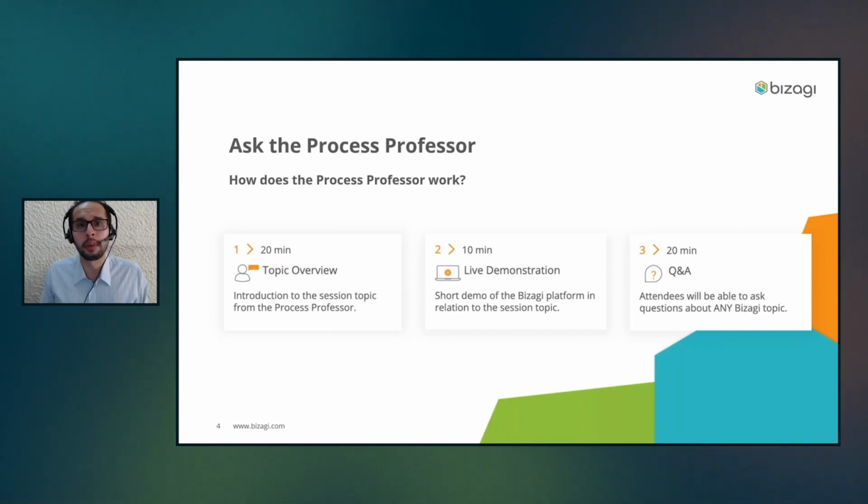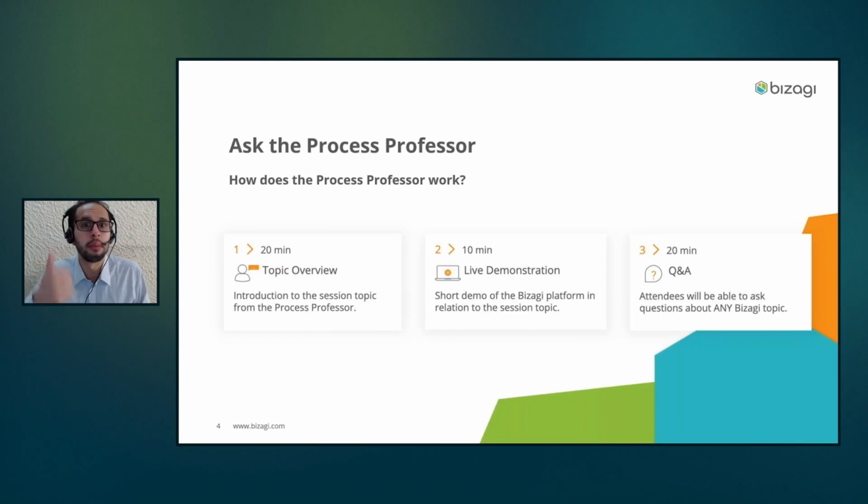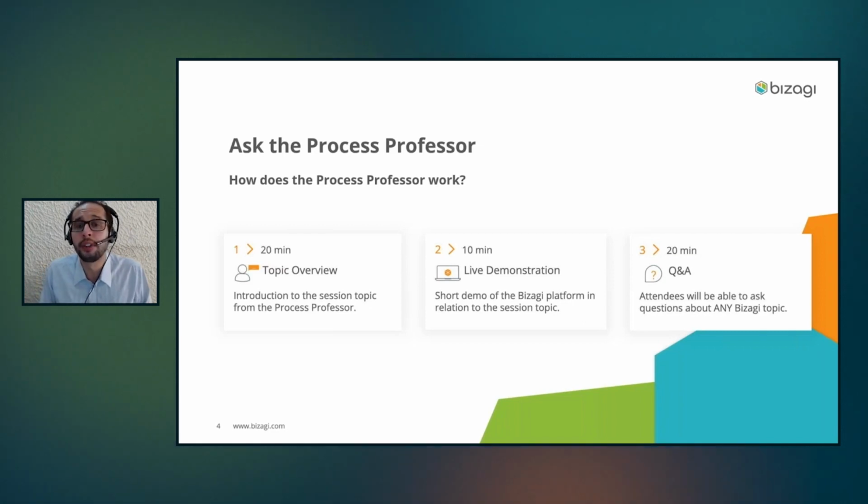And something important about this is that our sessions can be from any of the products that we have in our platform. So it can be from Bizagi Modeler, Bizagi Studio, Bizagi Automation Service, Business Insight, or even Artificial Intelligence. So in every single session, it is probable that you see different products and you can get used to or understand a little bit more of the different products that we have.